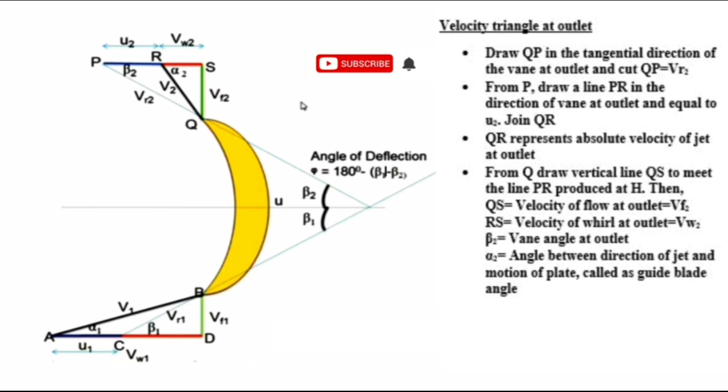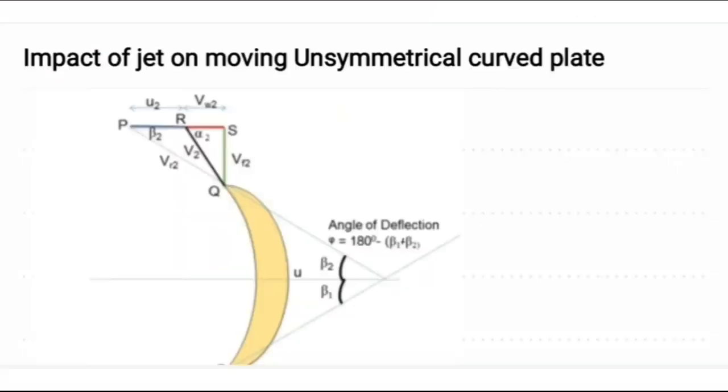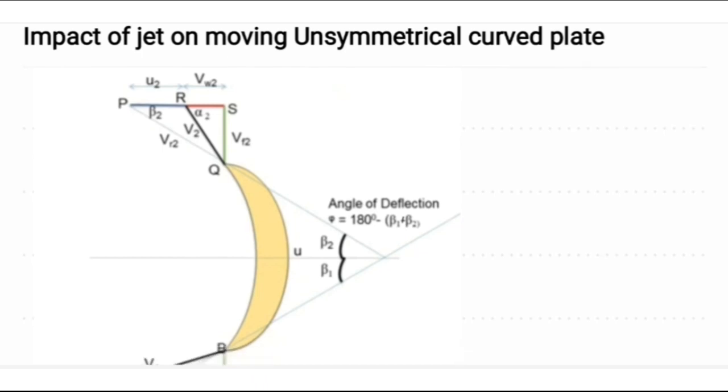Beta 2 is the vane angle at outlet, that is angle SPQ, and alpha 2 is the angle between the direction of jet and motion of plate, called the guide blade angle. Now we will move to the derivation of impact of jet on a moving unsymmetrical curved plate.